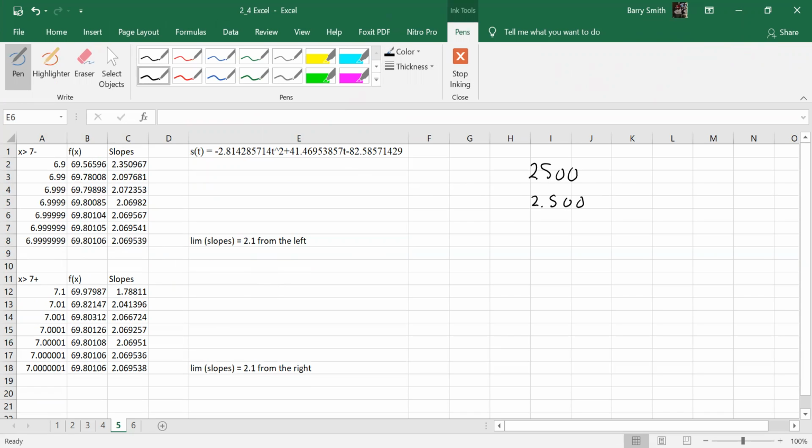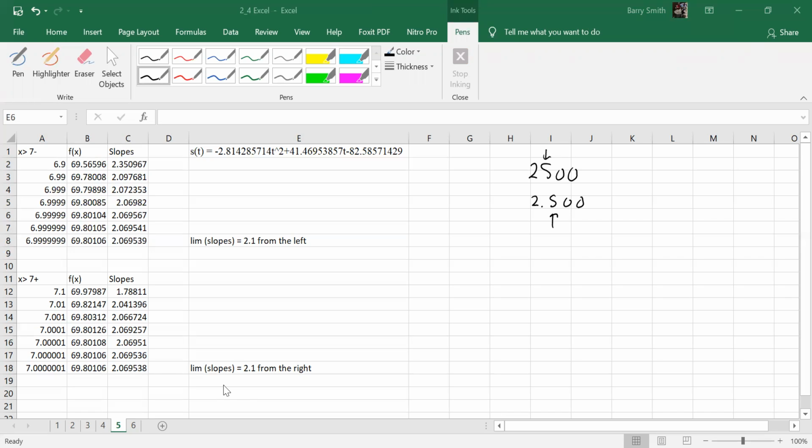So what's the nearest hundred? It's going to be to the nearest one decimal place. These are all the same, so that's going to give me 2.1 going from the left. And on the right, if we do the same thing and go all the way down, we see it's going to be 2.1 from the right as well. So what I will do now is copy this so we can put it back over in our PowerPoint.